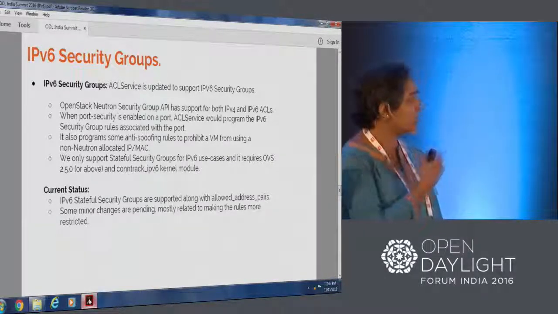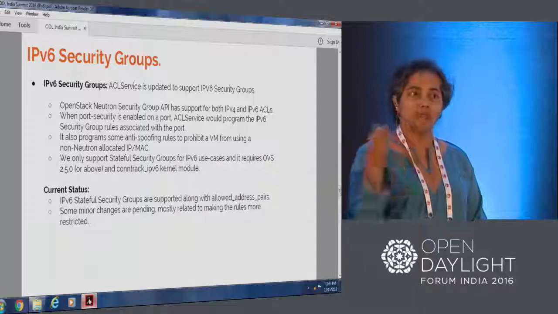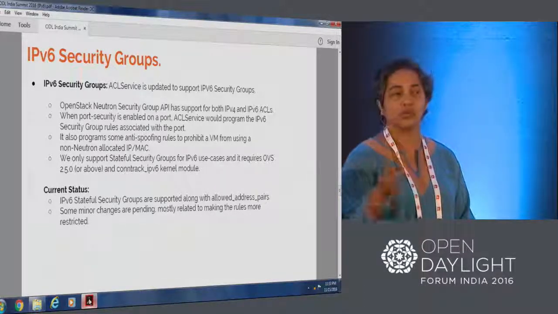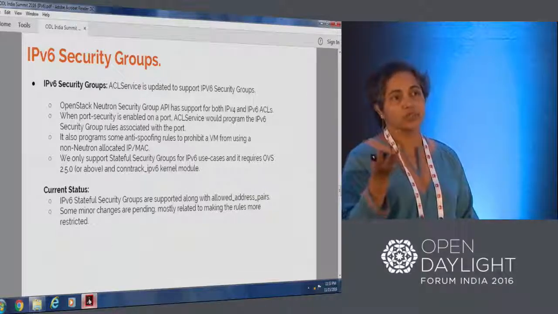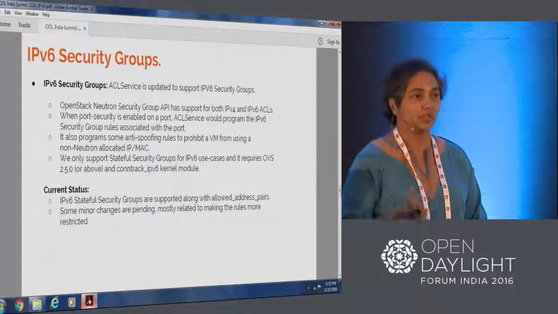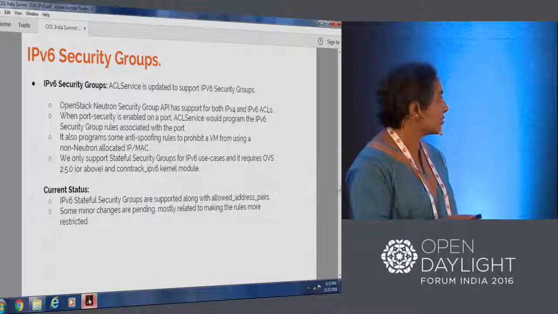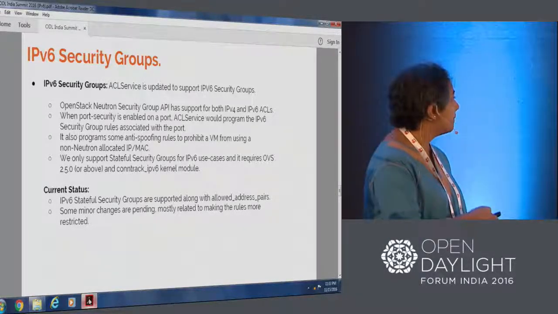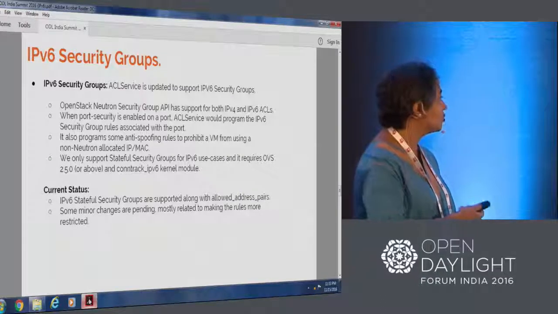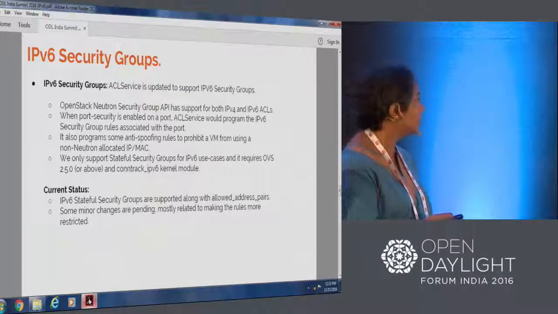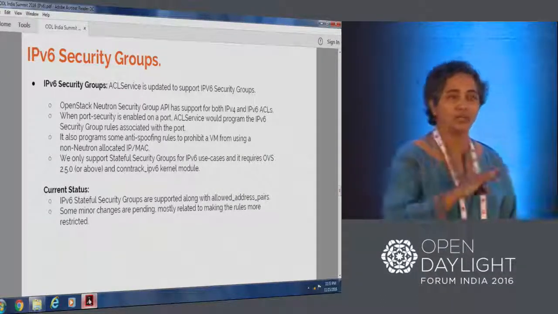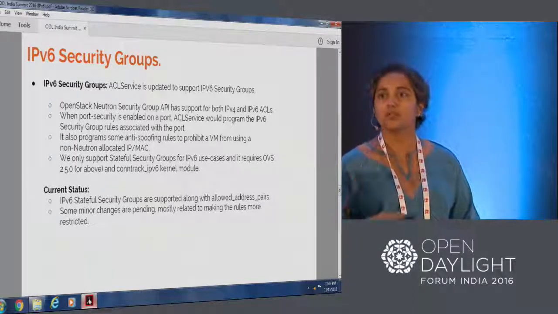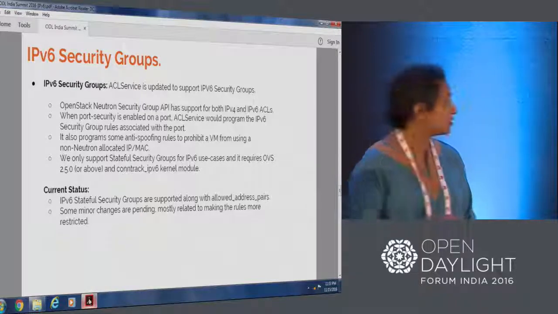By using the allowed address pair API, you're telling security groups to allow the VM to also use the additional IP. Basically, it's a negation of the security group rules for that specific IP. That has been added in ODL as well. There are some minor changes pending to make these rules more aligned with the Neutron restrictions, and if you meet us later, we can go into those details if anyone is interested.